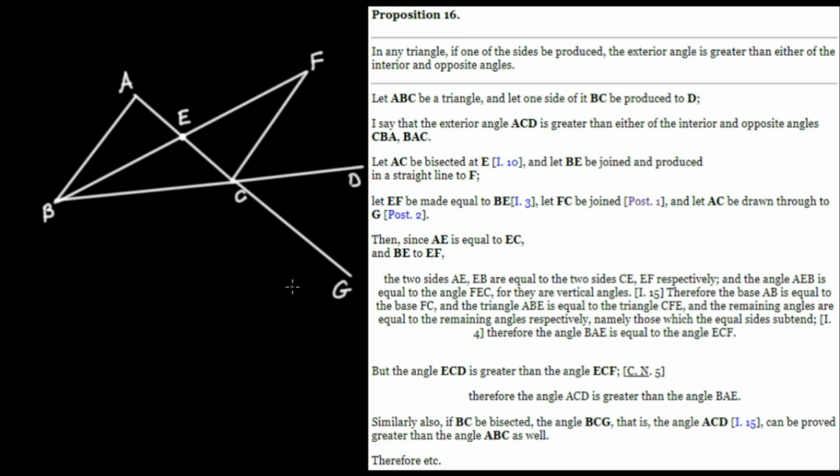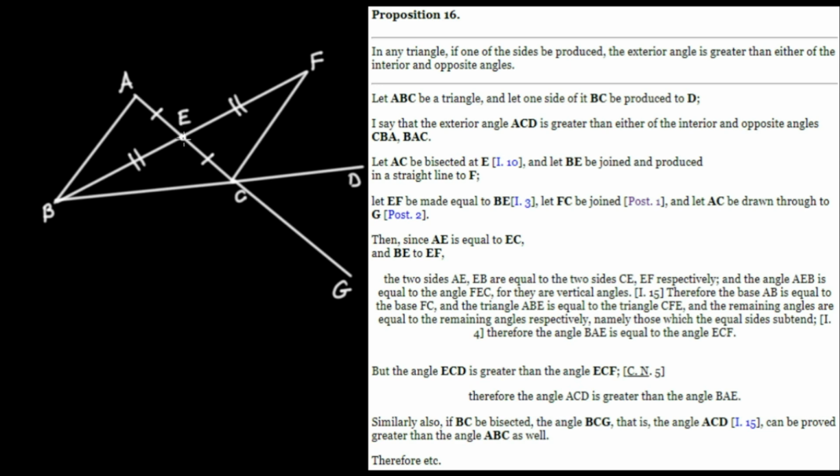And what's next? Then, since AE is equal to EC, the claim is that AE is equal to EC. Why is that true? Remember, E bisects AC, so those two line segments will be equal. And he says BE is equal to EF. This is equal to this. And why is that true?